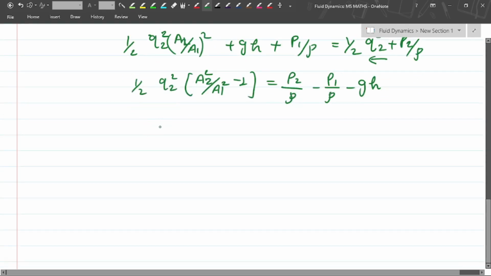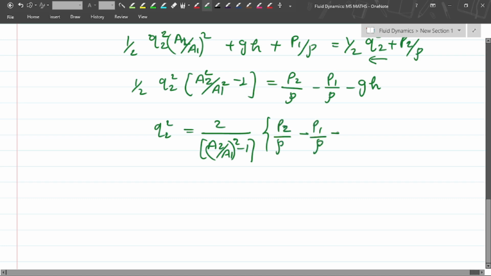So we find q2 square, it is 2 upon ((a2 upon a1) all square minus 1) into (p2 upon rho minus p1 upon rho minus gh).